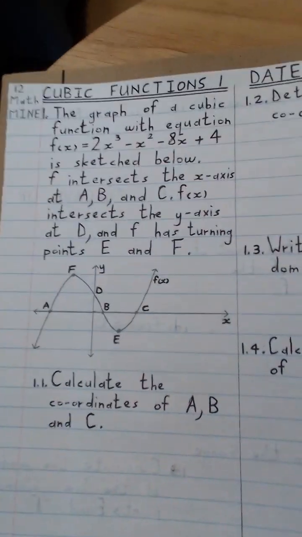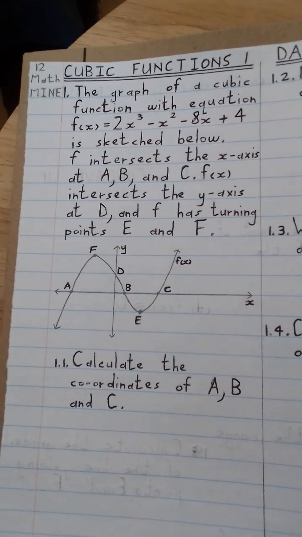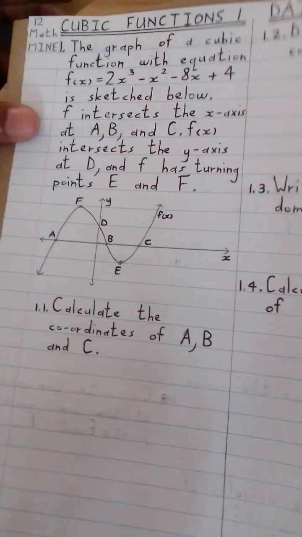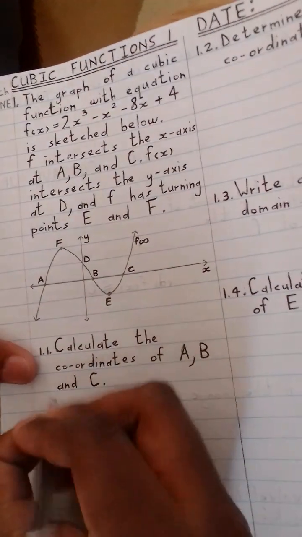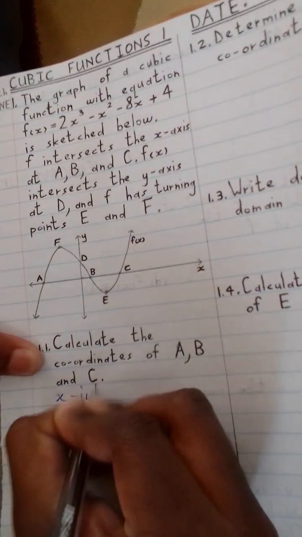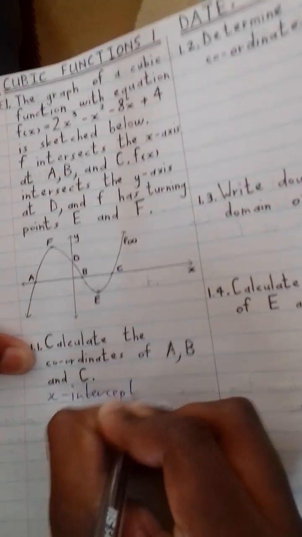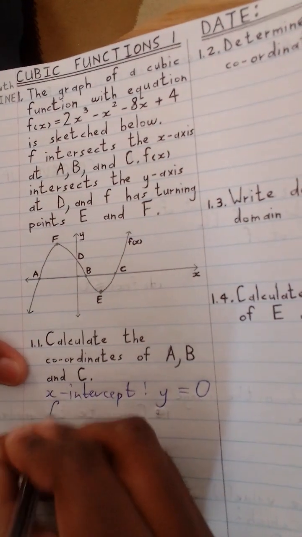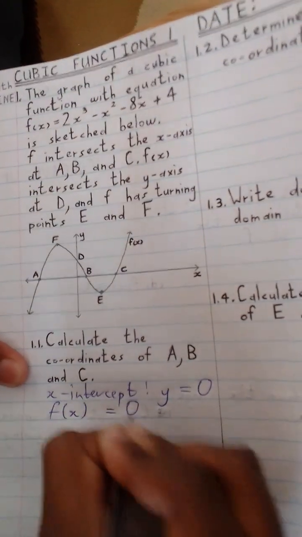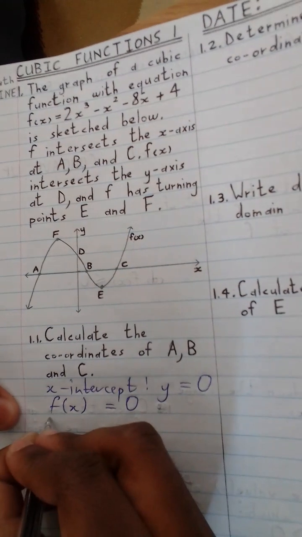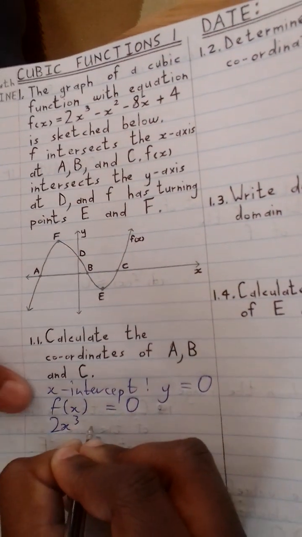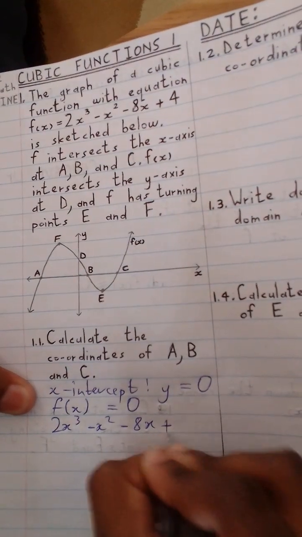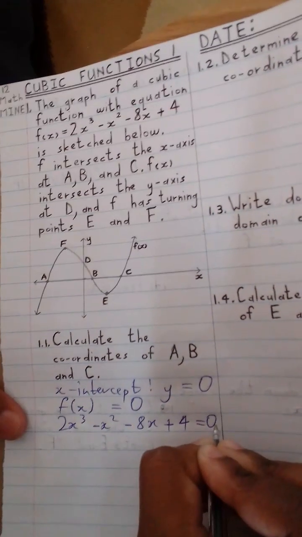1.1 states, calculate the coordinates of A, B, and C. You know that A, B, and C are the x-intercepts. So, as usual, for the x-intercept, y is 0, so f of x is 0. 2x cubed minus x squared minus 8x plus 4 equals 0.